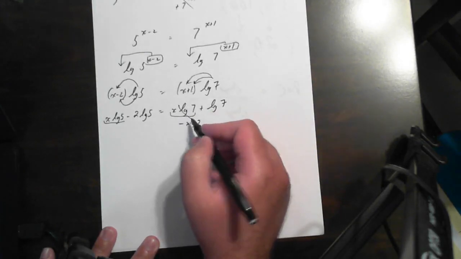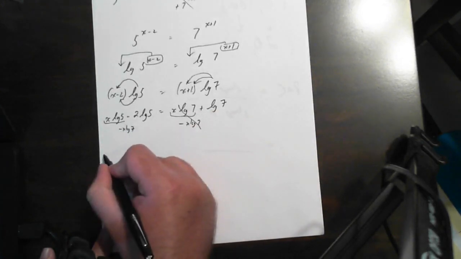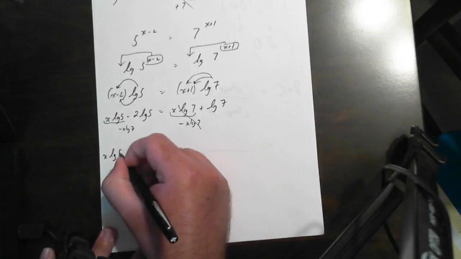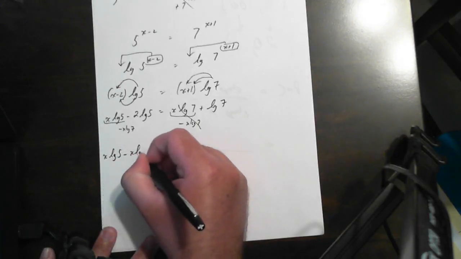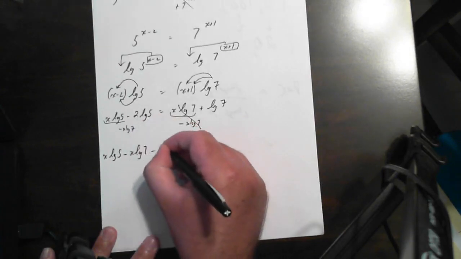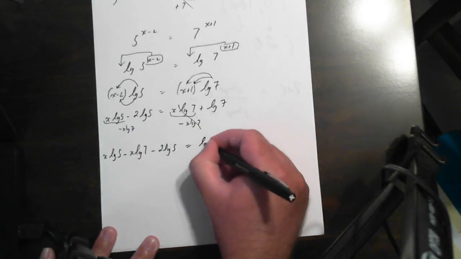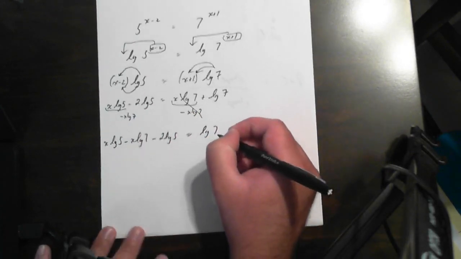If I subtract x log 7 on this side, I need to subtract it on this side. So this gives me x log 5 minus x log 7. I'll leave this piece here, so minus 2 log 5 for now. Equals, on this side, all that's left is the log 7.